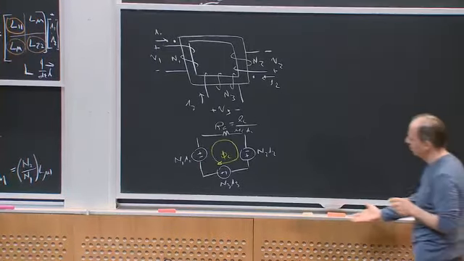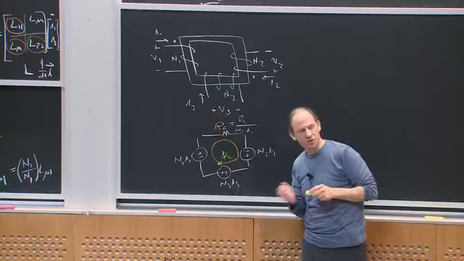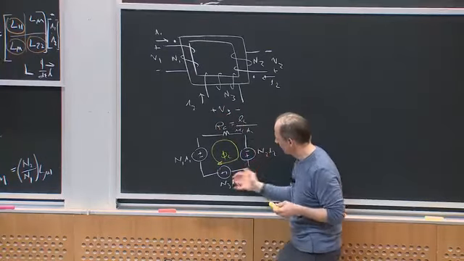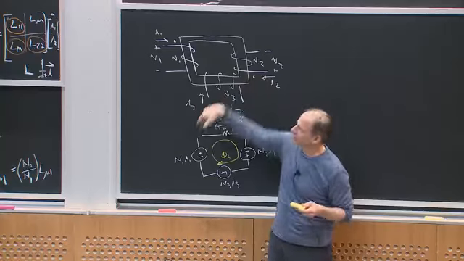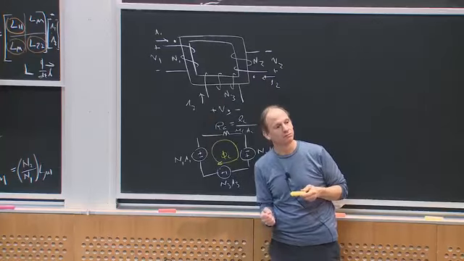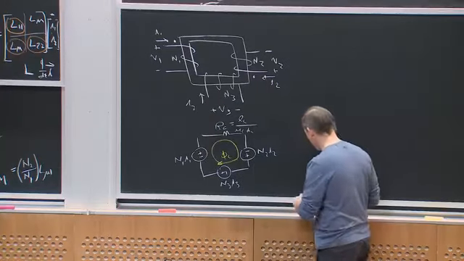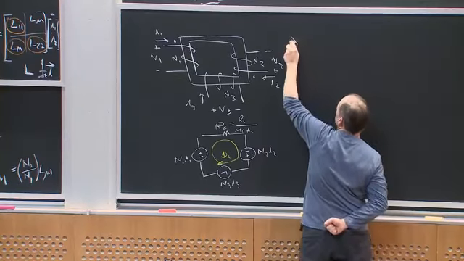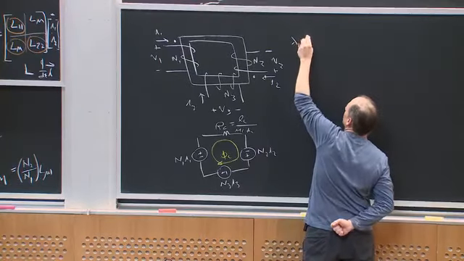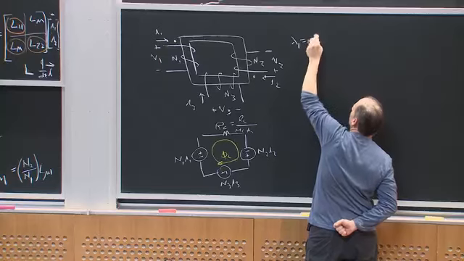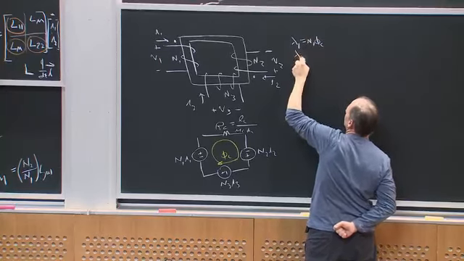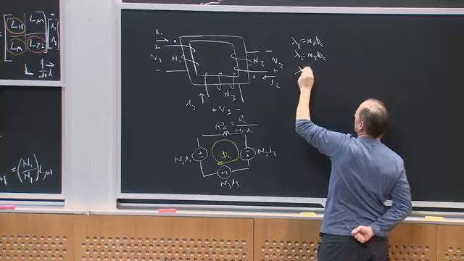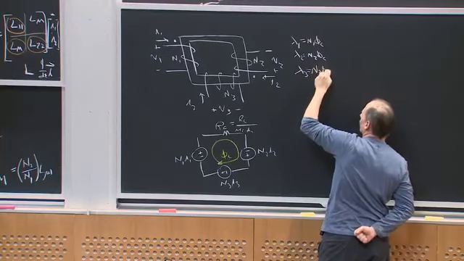What would be the terminal relations of this thing? Well, if I do this approximation, I'm pretending there's no leakage flux at all. That means lambda 1 is equal to N1 phi core, lambda 2 is equal to N2 phi core, lambda 3 is equal to N3 phi core.